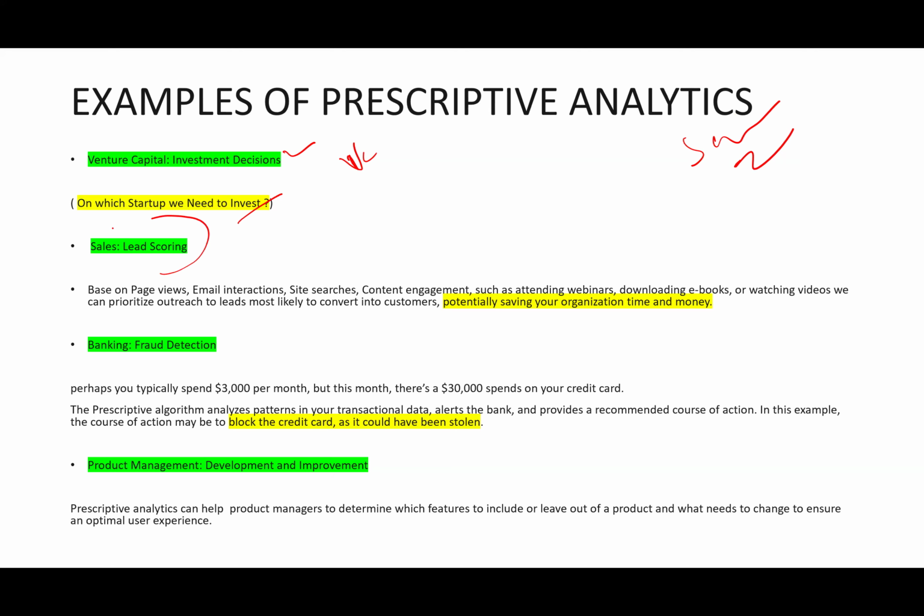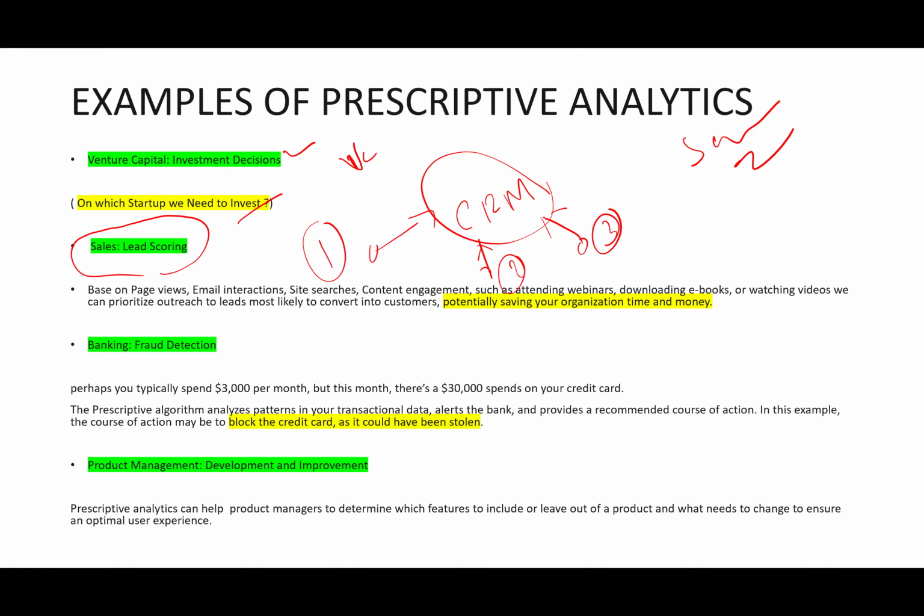Similarly, there is something called lead score in sales. If you are from a sales background, you can understand. For example, you have a CRM, customer relationship management. Whatever lead data we get from different marketing sources is stored in it. For example, we have 3 clients who have shown interest in my product.